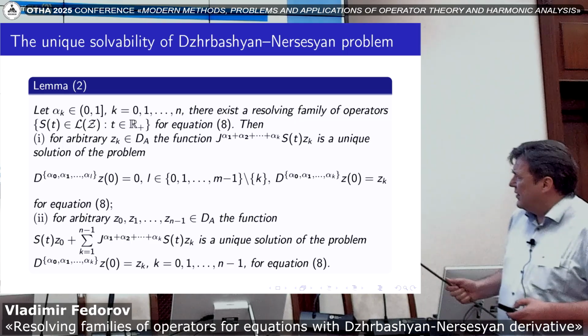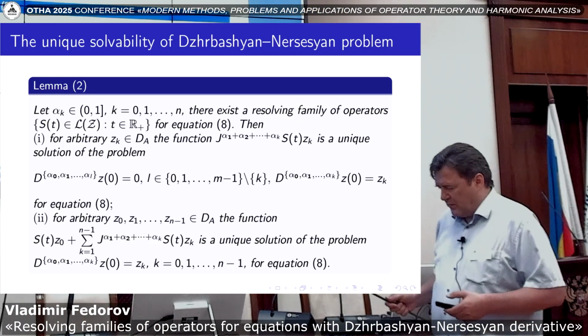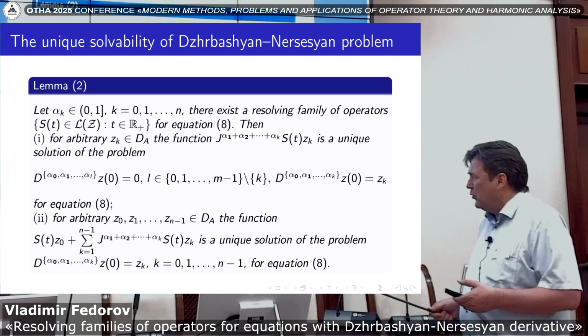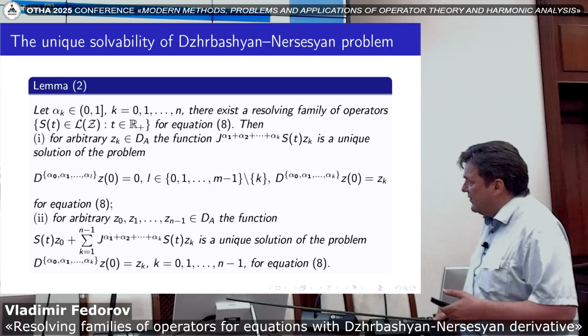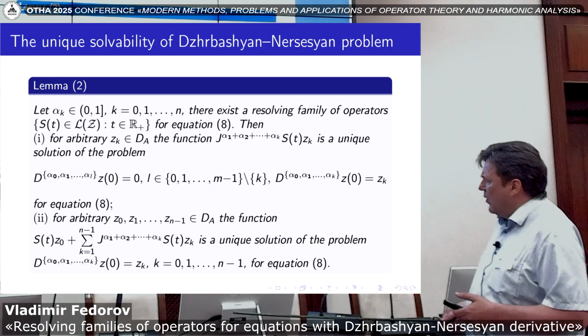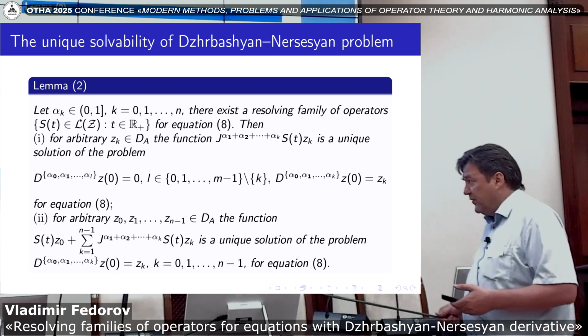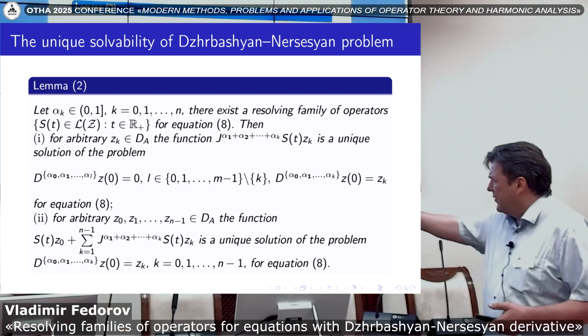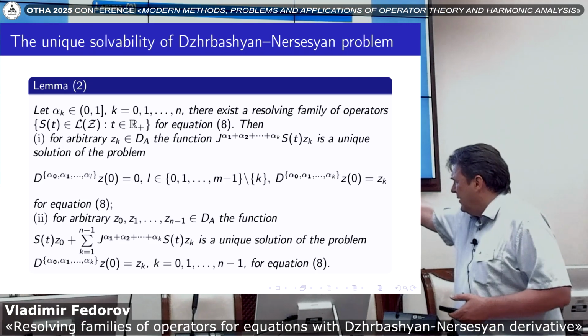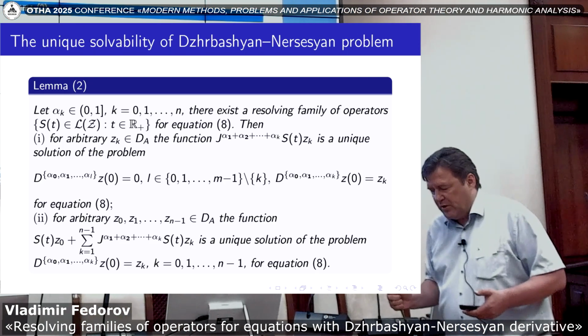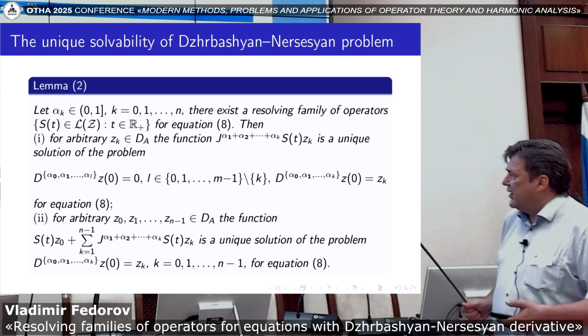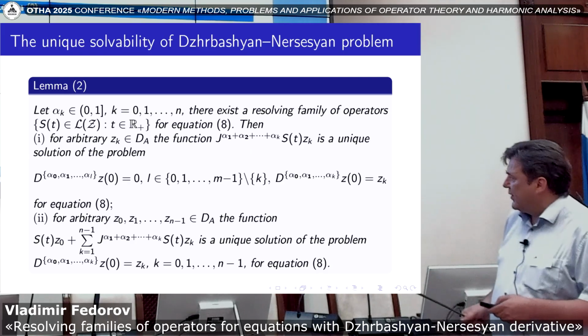And this lemma is about the form of a solution of problem 7-8 when we have a resolving family of operators. This formula, where z_k are arbitrary initial data from the domain of operator A.